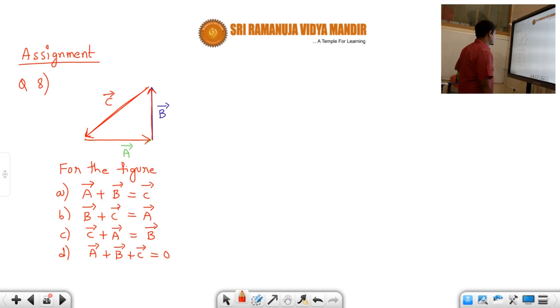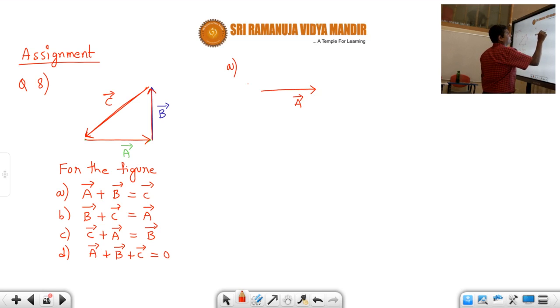So now, students, first of all, let us see the first case, A bar plus B bar is equal to C bar. If you want A bar plus B bar equal to C bar, according to triangle law, we'll take A bar like this, and then we'll join the tail of the second vector B bar to the head of the first vector.